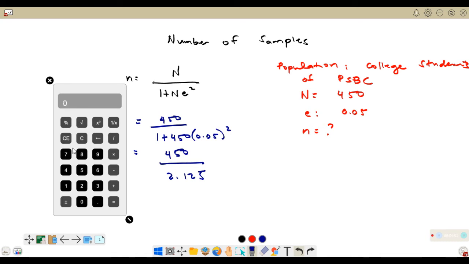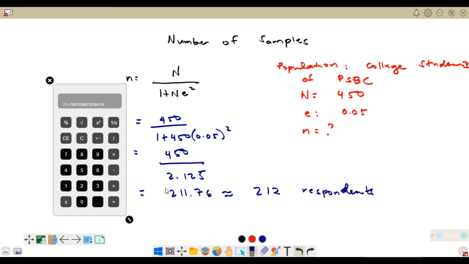Next, we have 450 divided by 2.125, you are required to have 211.76 or 212 respondents. Okay?